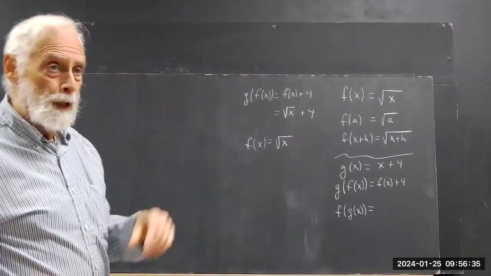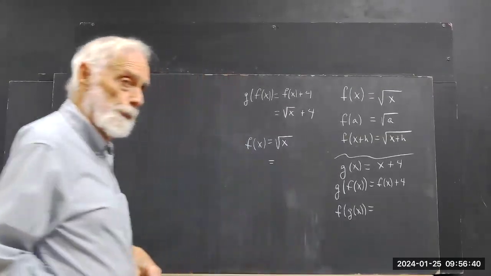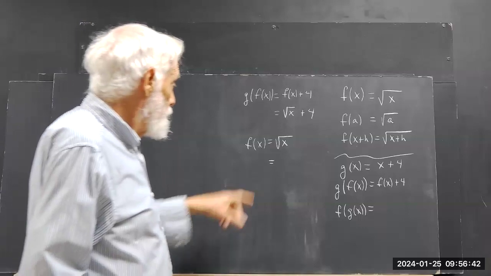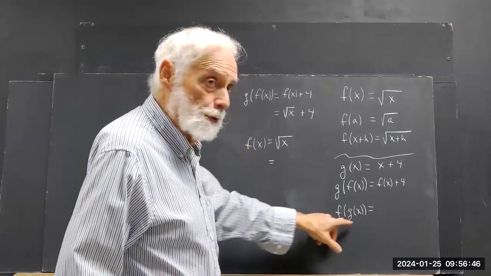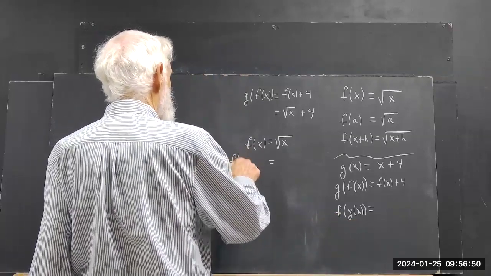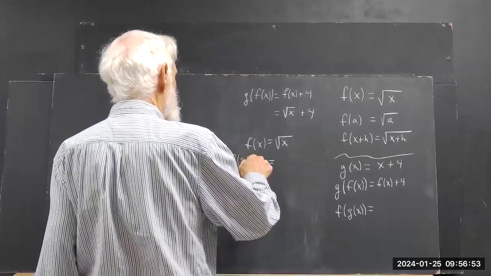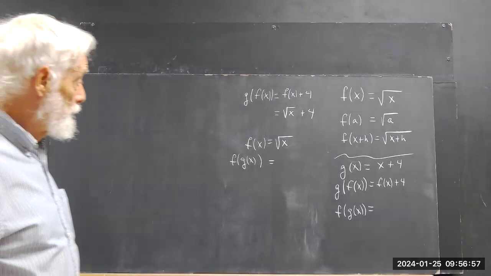Okay. Now, put an equal sign here. And instead of f of x, we're going to write the thing that we're trying to do, f of g of x. Okay. Now, what have we done?